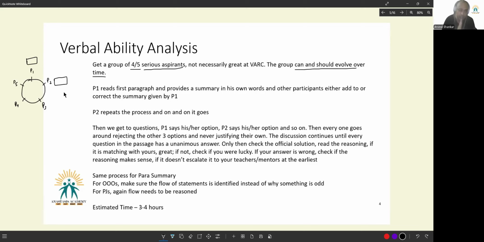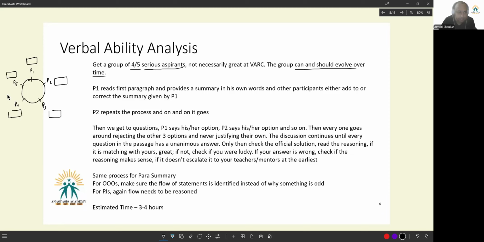This is verbal, this is spoken out. If it is sensible to other people, great. If it is not sensible, they ask questions, they correct it, they add to it, they edit it suitably. Then you do it for the third paragraph, then the fourth paragraph.